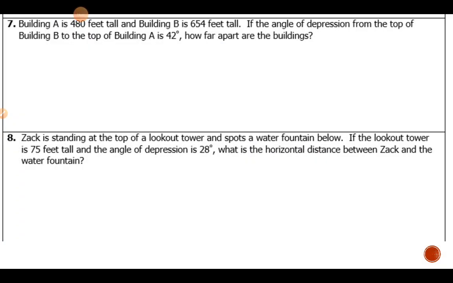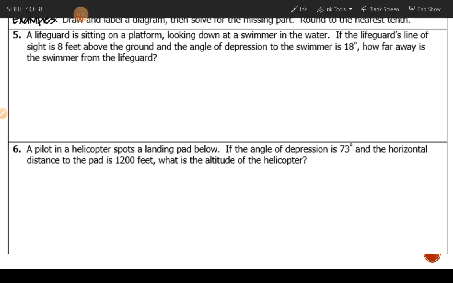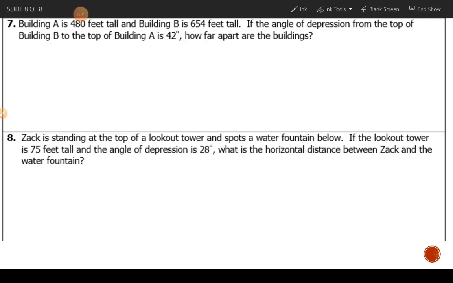Okay, I'm going to do one more, because this one seems to be a little bit confusing, but that's okay. So we have building A, and it's 480 feet tall. And then we have building B, which is 654 feet tall.